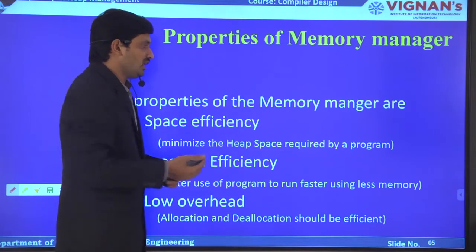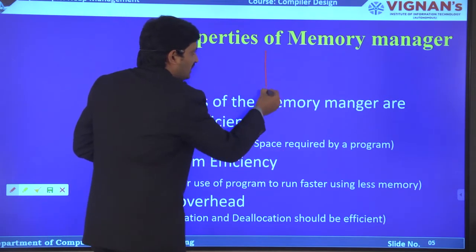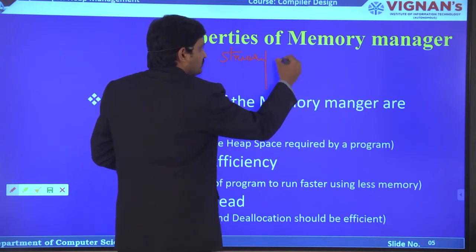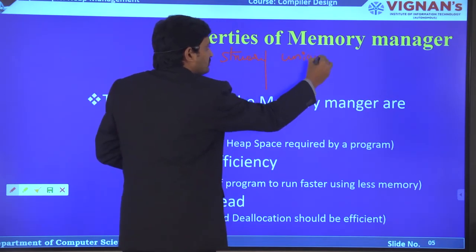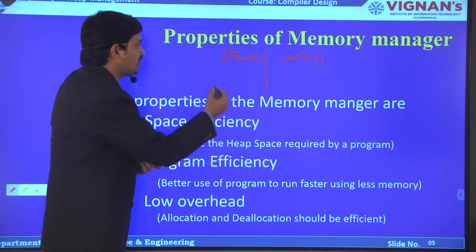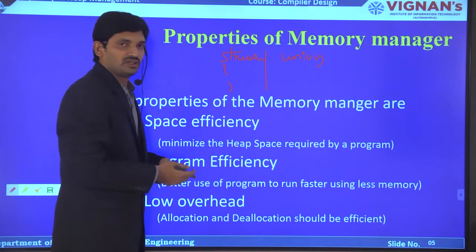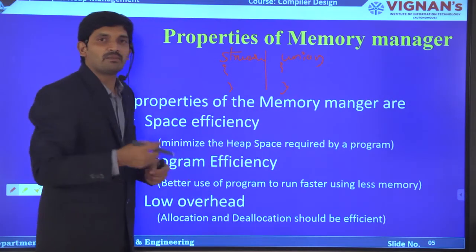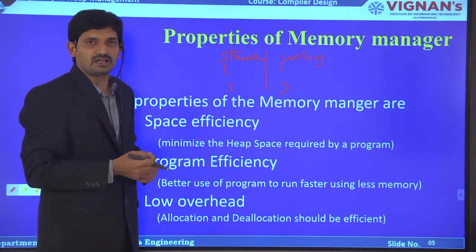For example, if we want to differentiate structure and union, in structure, for every data type we declare, memory is allocated, but in union the memory is allocated for the maximum declared data type.